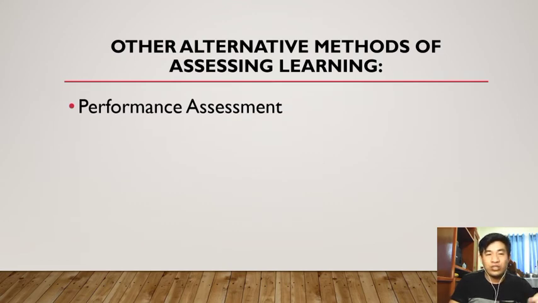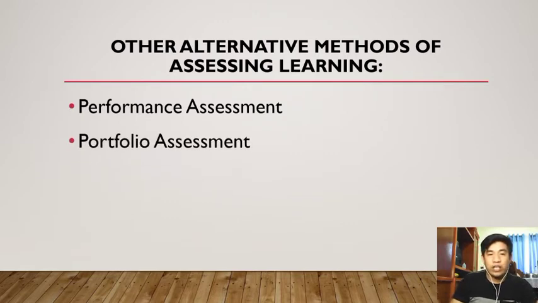So how can the teacher assess whether the students have learned the value of honesty? It could be in the form of role play or drama. So that's one example of performance assessment. The students have to make a script and then they will act the script to show the value of honesty.